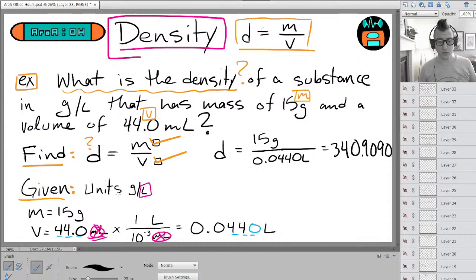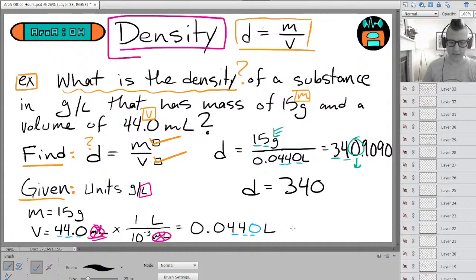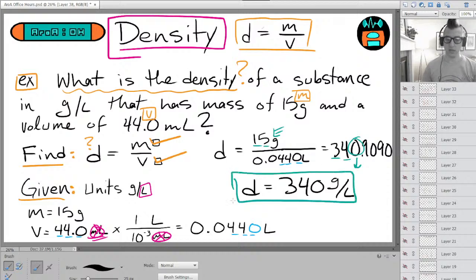We don't have to write this forever though, because we've got 2 sig figs in our numerator, 3 in our denominator. We're limited by the fewest because this is division. So you count off your first 2, 0 rounds down. So our density is 340. And now our units are grams per liter, just like we were asked. This is our answer.